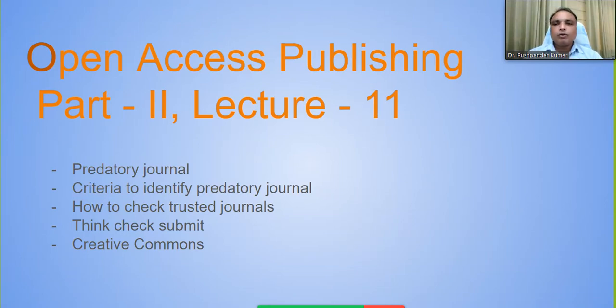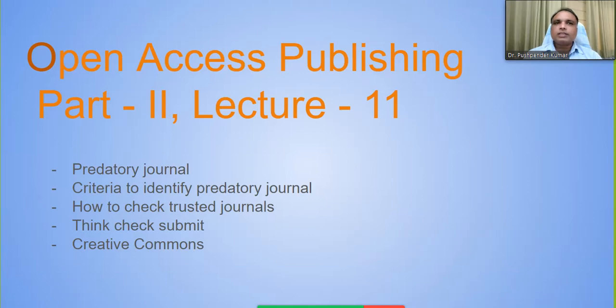So I welcome you all once again to today's lecture 11, and we are here in the second part of open access publishing. We already discussed predatory journals, and we will put some more light on that. The most important thing we are going to discuss today is the criteria: how to identify a predatory journal.